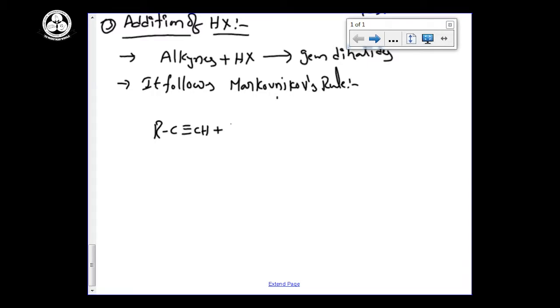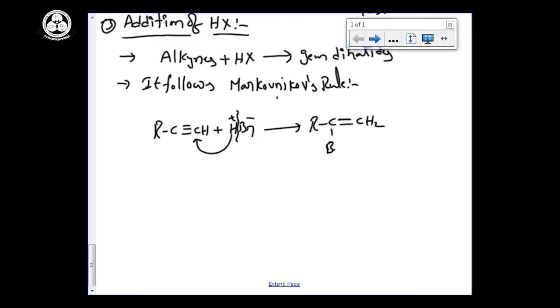Suppose I am adding HBr. You already know, first the positive part is added to the triple bonded carbon atom having more number of hydrogens. That is the major product. That is Markovnikov's rule, which we already know in alkenes.